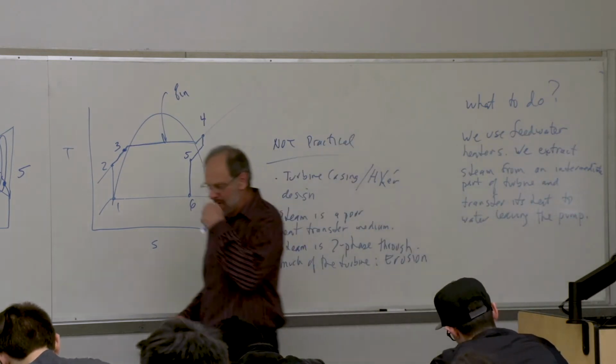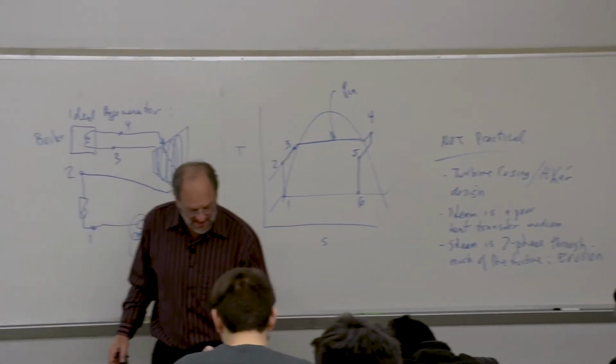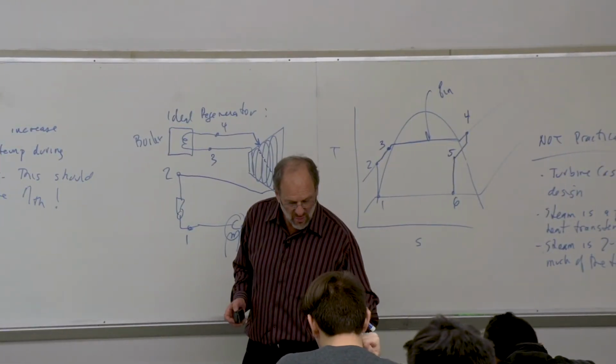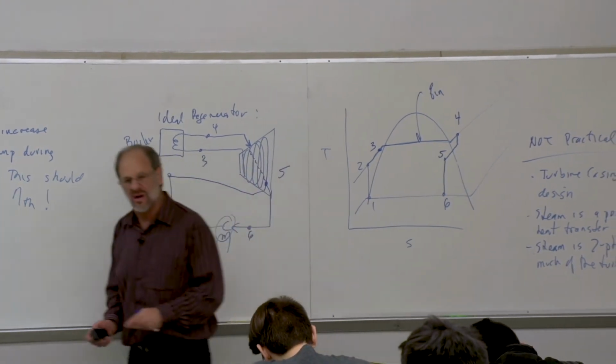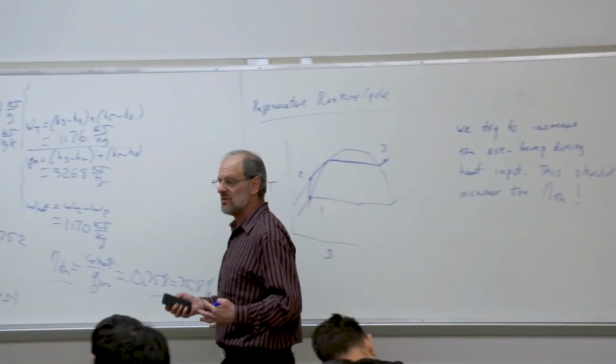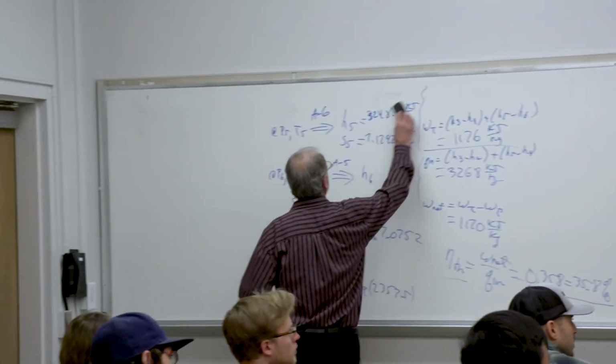Right? So this is what can be done. And there's actually two different ways to do this. One way is through a device called a closed feedwater heater, and the other is through a device called an open feedwater heater.